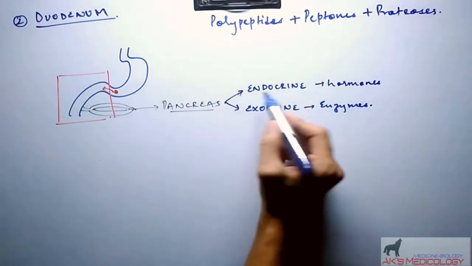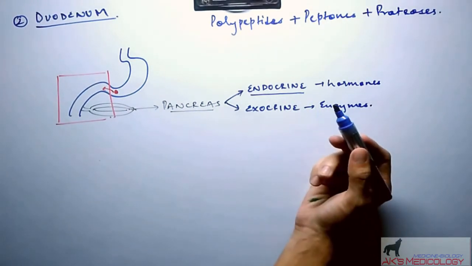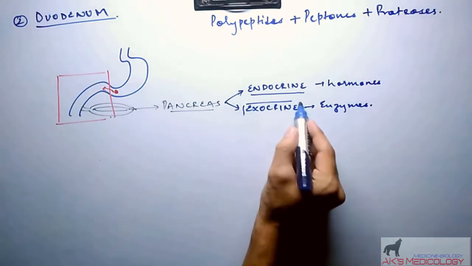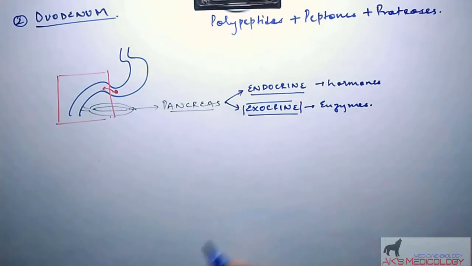We are not concerned here with the endocrine function of the pancreas, as it deals with the hormones, and we'll see that in later lectures. Particularly, we are concerned about the exocrine function, which deals with the release of enzymes.